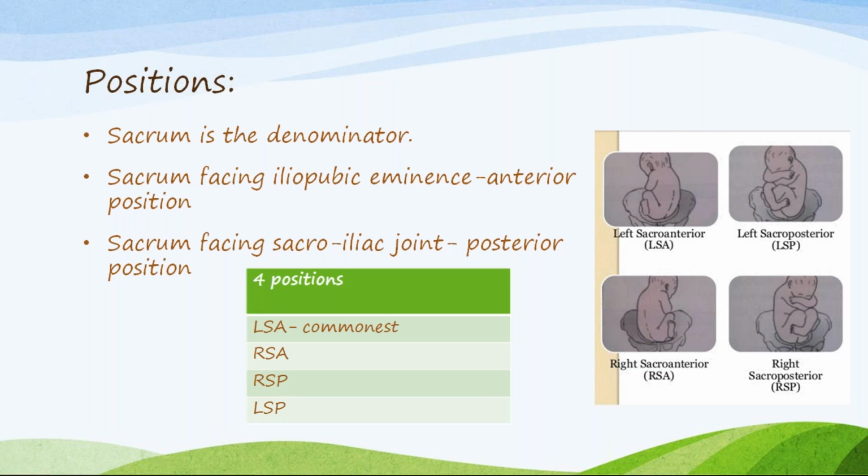As per this, we have four options: left sacrum anterior is position 1, right sacrum anterior is position 2, right sacrum posterior is position 3, and left sacrum posterior is position 4.